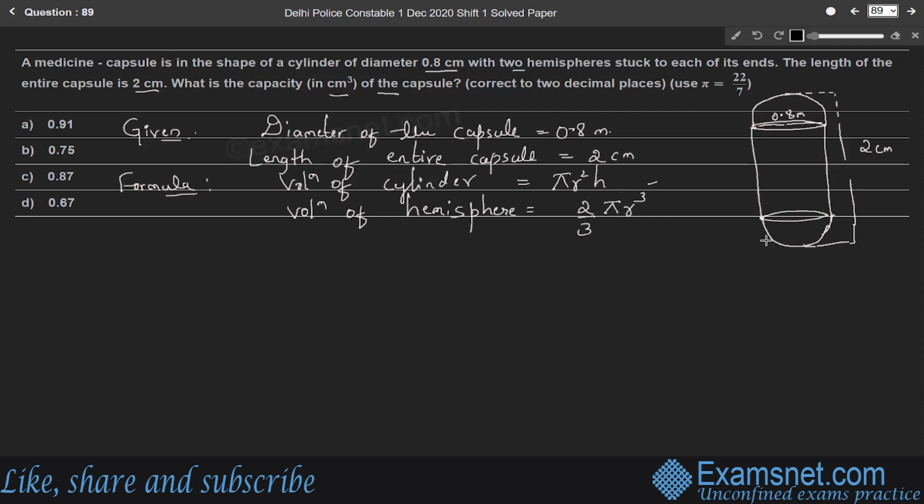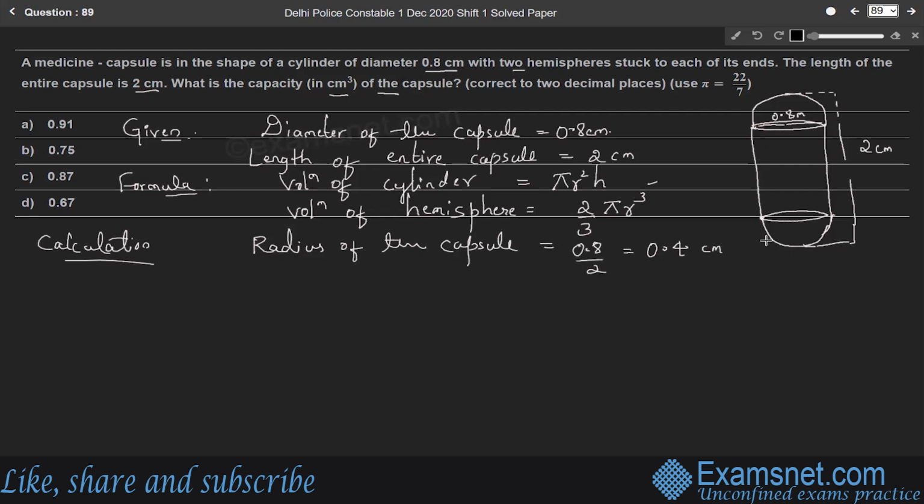So here comes the solution part, the calculation. The diameter of the capsule is 0.8 centimeters. So the radius of the capsule is equal to diameter by 2, that is 0.8 by 2, which is 0.4 centimeter, right?